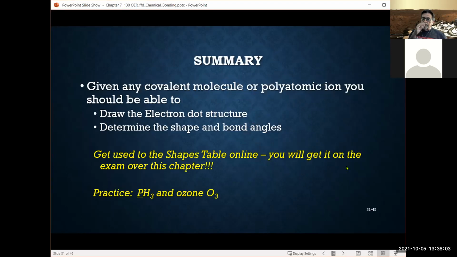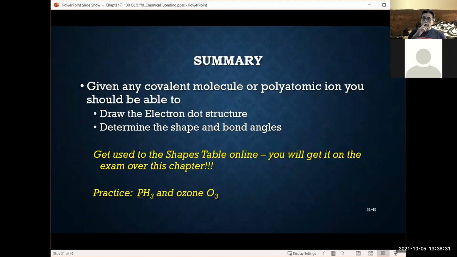To summarize, given any covalent molecule or polyatomic ion, you should be able to draw the electronic dot structure for it. From that information, you take the shapes table, create the general formula, and determine the shape, the geometry, and the bond angle.